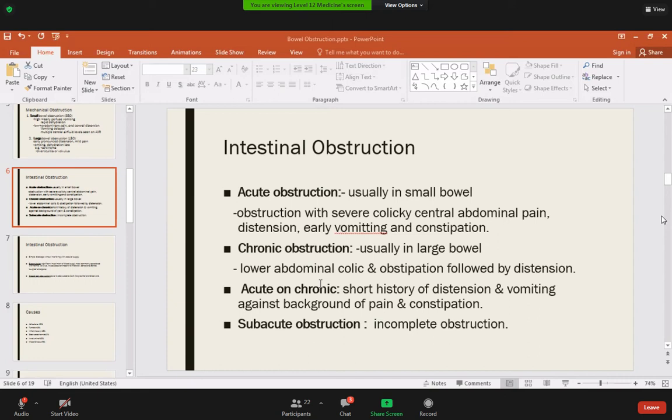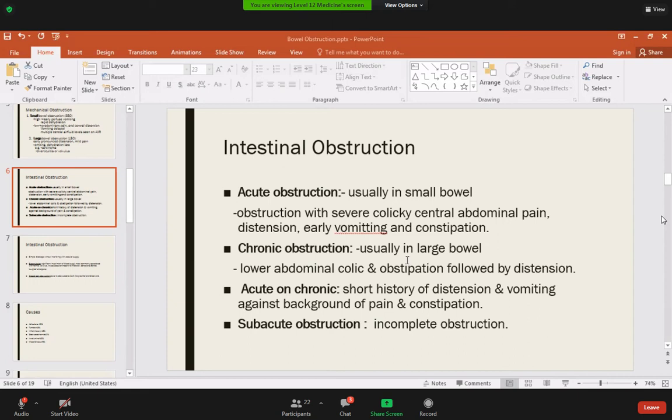And in the third one, the large bowel obstruction, there is severe distension and mild pain, constipation is more marked, and pain and vomiting are delayed or not very acute. So we have different sets, but these are the 4 cardinal symptoms: the pain, distension, vomiting and constipation.